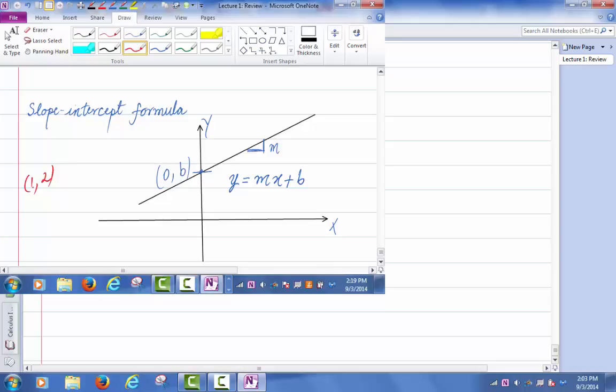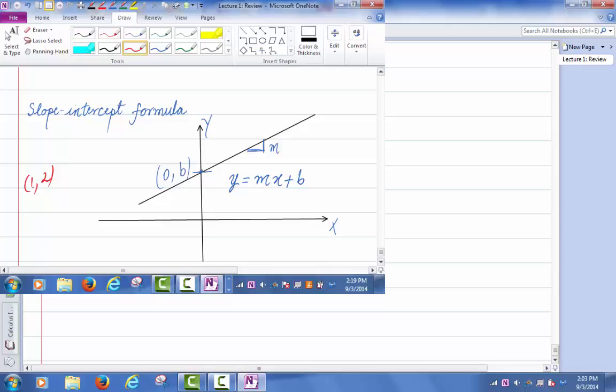Yeah, the point satisfies the equation, which means that when you replace x by 1 and y by 2, both sides are equal, right? So when I say the point (1, 2) satisfies the equation, it means that you get a true equation. So to say that the equation of this line is y = mx + b means that every single point on the line satisfies the equation, right?